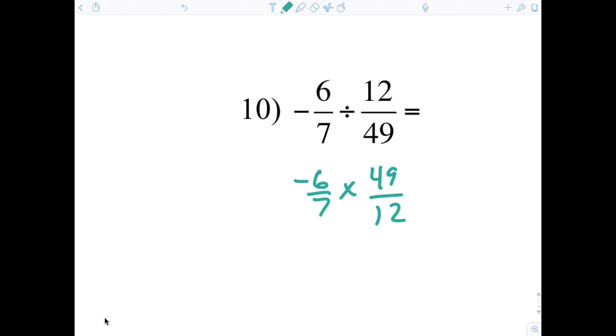Now, is your answer going to be a positive or a negative? Good job. Now, what can I reduce? 6 and 12. The 6 is 1. Perfect. Final answer. Yeah, that's how it should be done, guys.